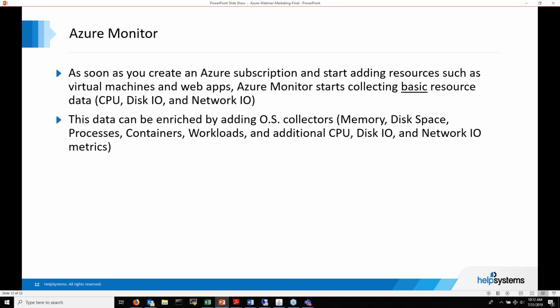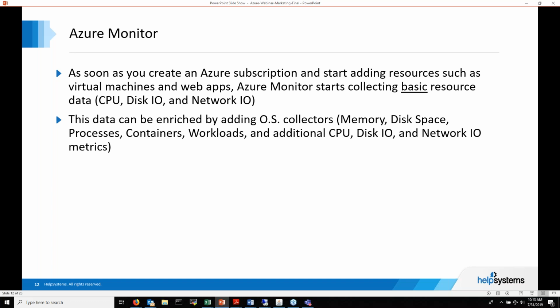And that data is centered around CPU, disk I/O, and network I/O. And this is at no cost to you in addition to what you're already paying for your Azure services. Now, the metrics that are there are the types of metrics that people generally look at first. There is only a handful of metrics that are available in each one of these categories, but it is a good place to get started.